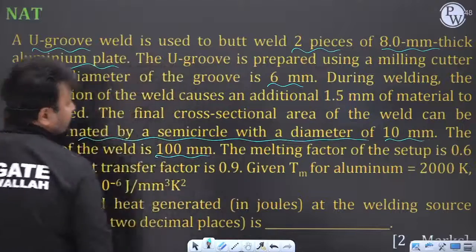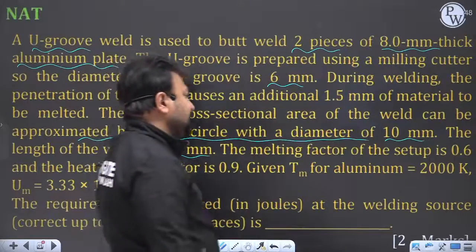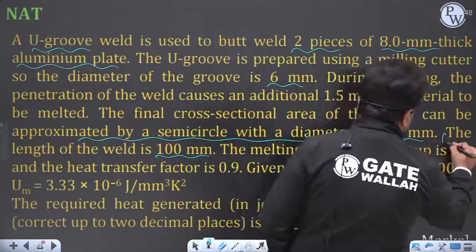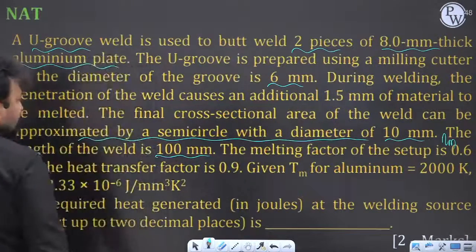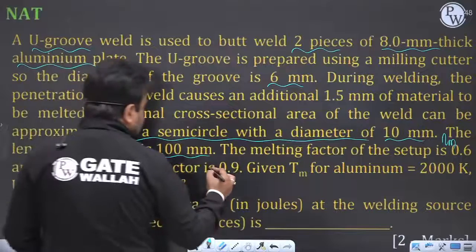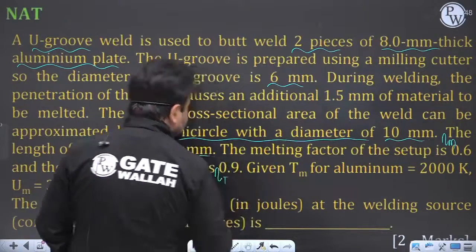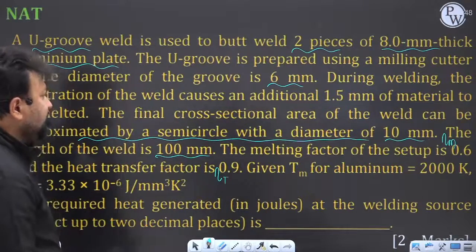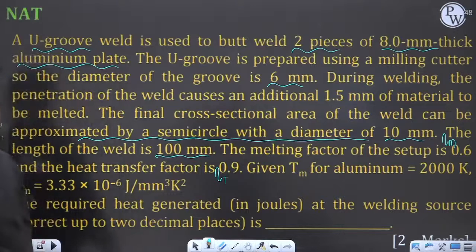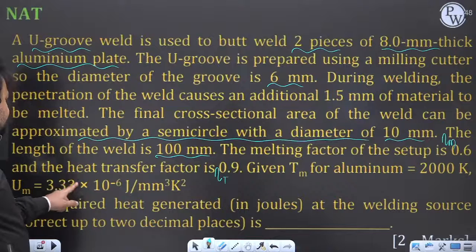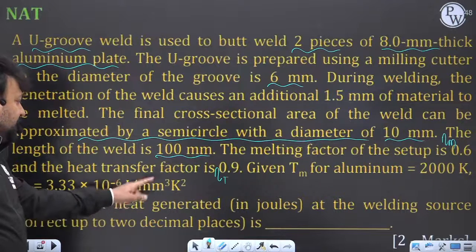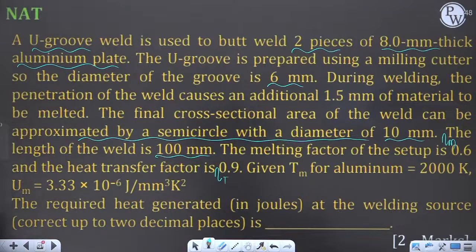The melting factor of the setup is 0.6, and the heat transfer factor is given. Tm for the aluminum is 1000 K, and Um is the specific heat, 3.33 times 10 to the power minus 6 joule per mm cube per Kelvin square. Right? So this is the thing.